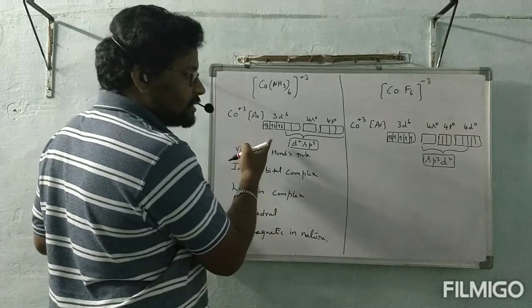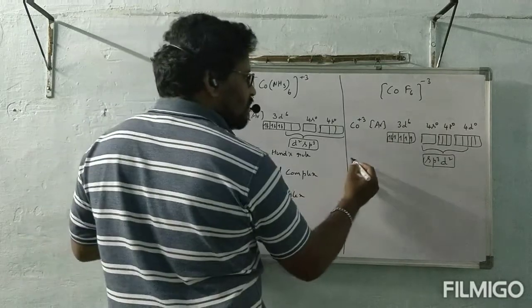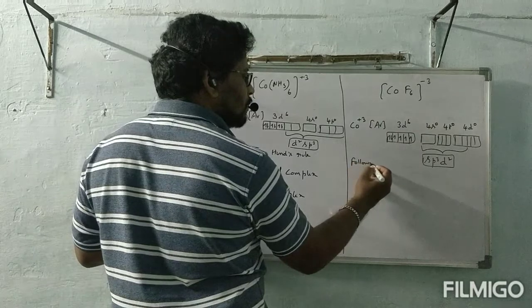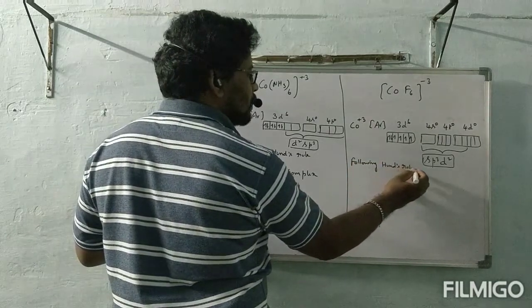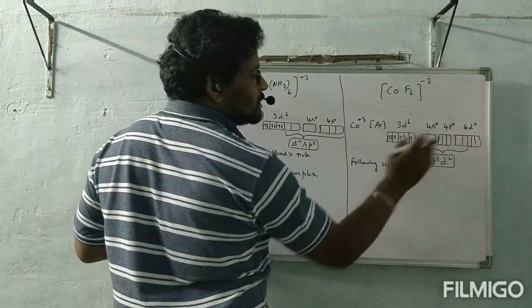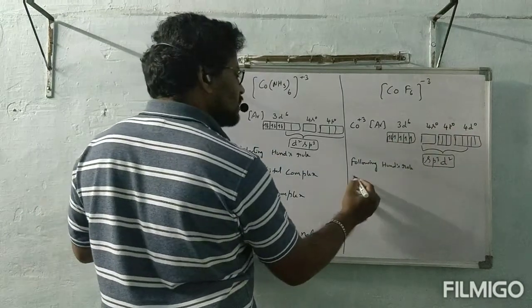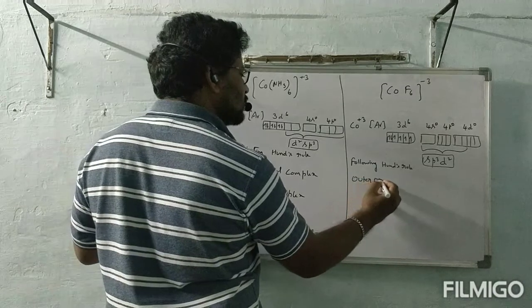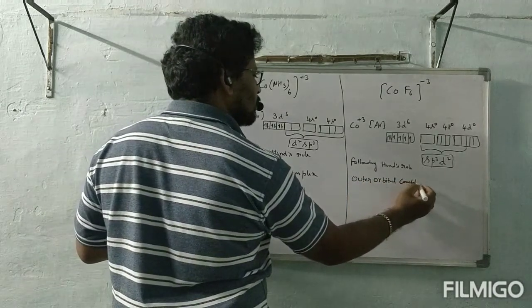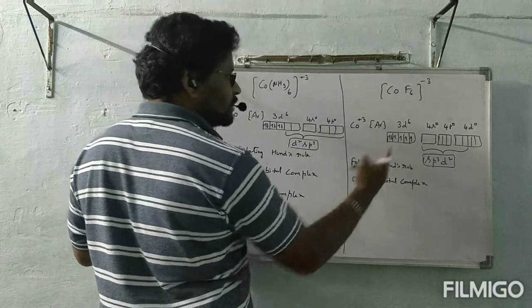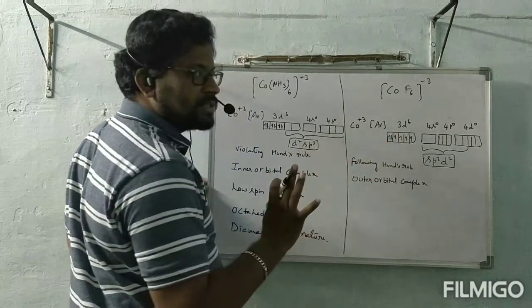Here pairing has not taken place, following Hund's rule. Since it follows Hund's rule, it uses outer orbitals. That's why this is an outer orbital complex. Next, these remain as unpaired spins.